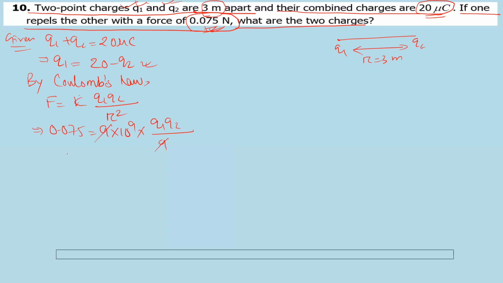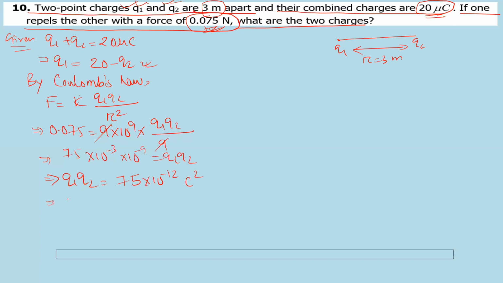So this 9 and this 9 will get cancelled, and from here 0.075 can be written as 75 into 10 to the power minus 3, and this 10 to the power 9 can be written here as 10 to the power minus 9 when you bring it to the opposite side. This is Q1 Q2. Now I'm rearranging it and writing Q1 Q2 equals 75 into 10 to the power minus 12. Okay, this will become coulomb square.